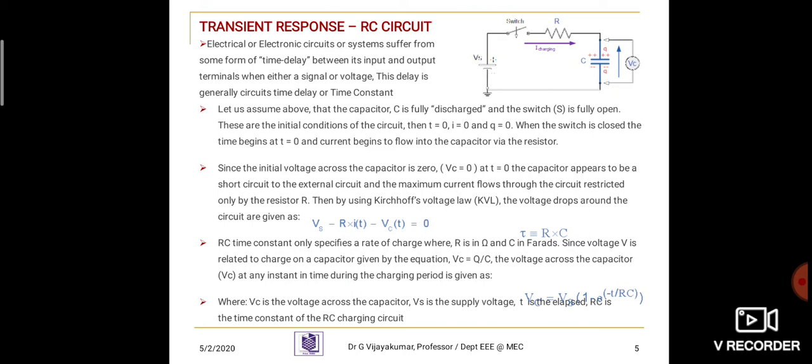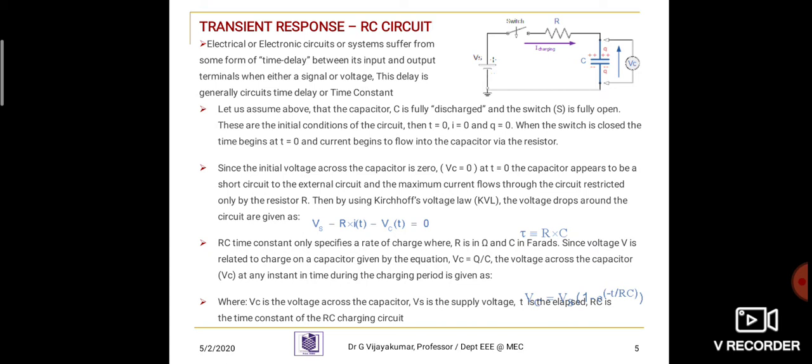This charging and discharging of a capacitor is never instant but takes a certain amount of time to occur. The time taken for a capacitor to charge or discharge is known as the time constant.